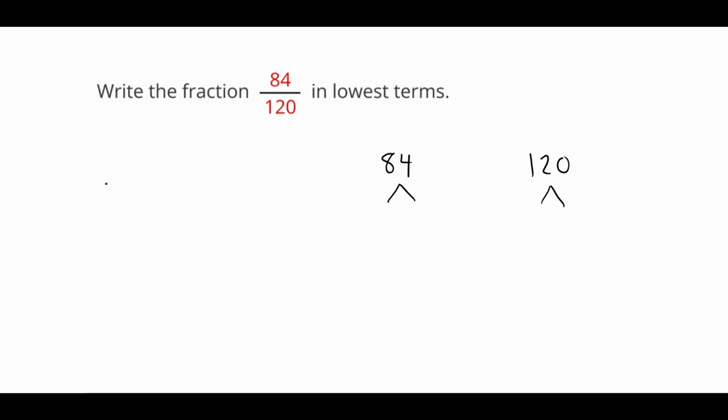So on the side, I could try dividing 84 by just various low natural numbers such as 2, 3, and 4, and so on. What I'm looking for is, does this come out to a whole number?